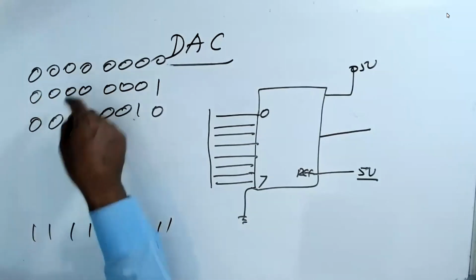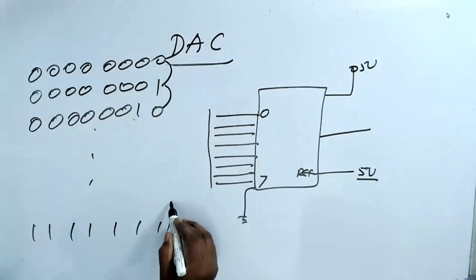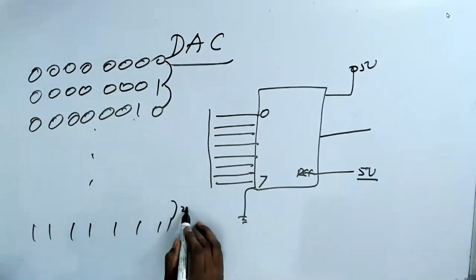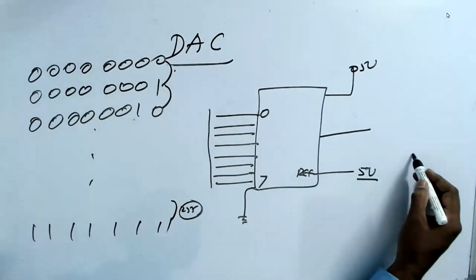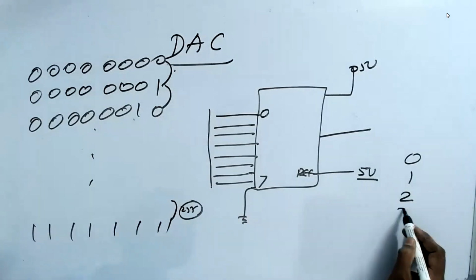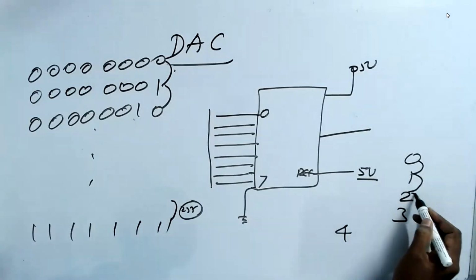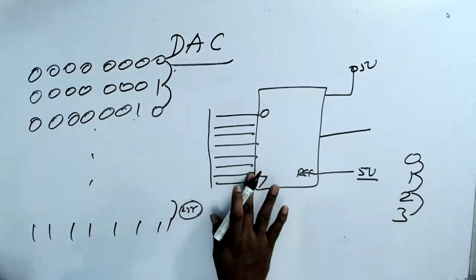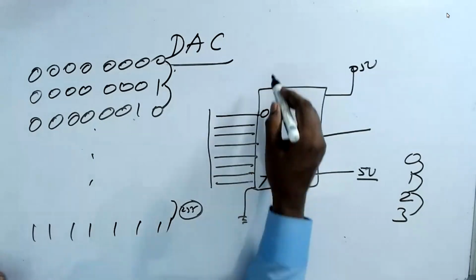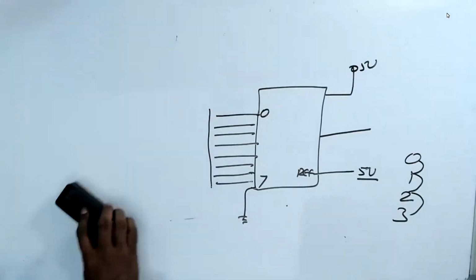The problem is, how many levels do you have now? 255 gaps. Let us say 0, 1, 2, 3: how many numbers? 4 numbers. How many gaps? 3 gaps only. So I'll give you a small idea now.